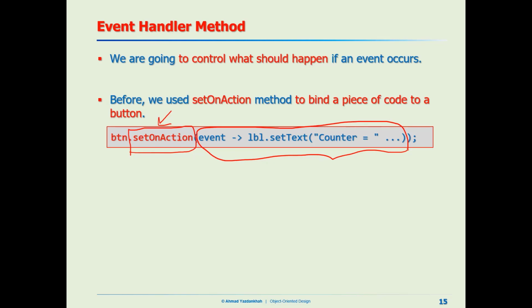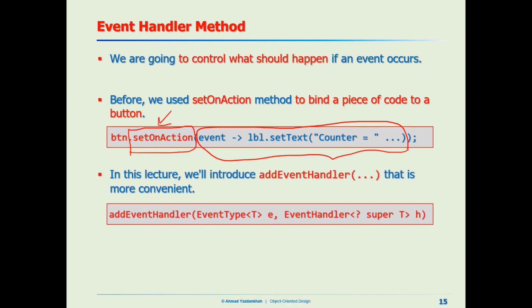Today I'm going to introduce a new, general purpose method. It's called addEventHandler. Its syntax looks like this, and you can add any event handler to the nodes, right? I will show you in a live demo. This method has two arguments.